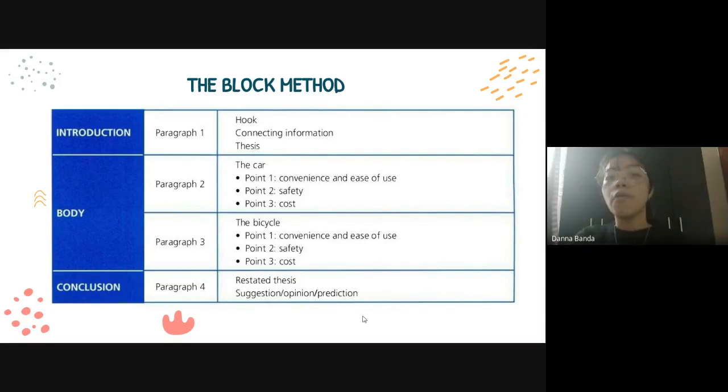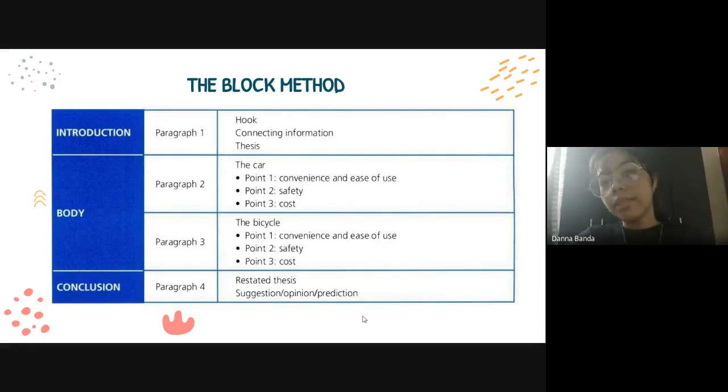Okay. For differences, it would be: to conclude, it is clear that cars and bicycles have many different things. Here I use to conclude again to show the reader that it is the end of the essay, and also I add the word different.